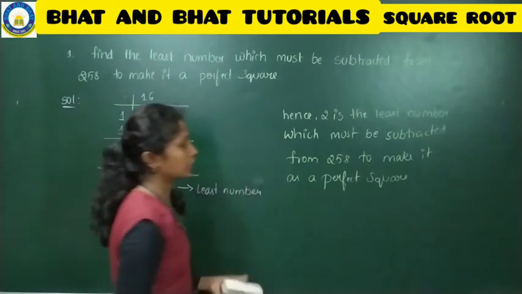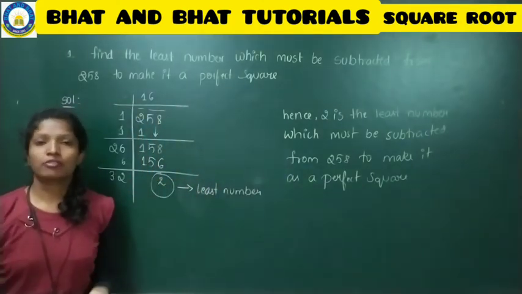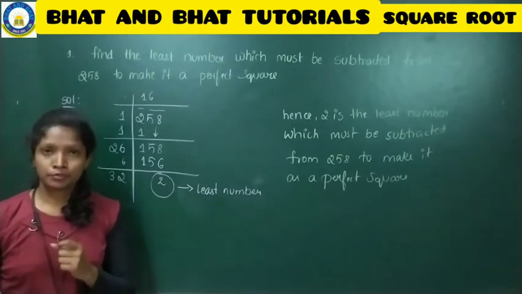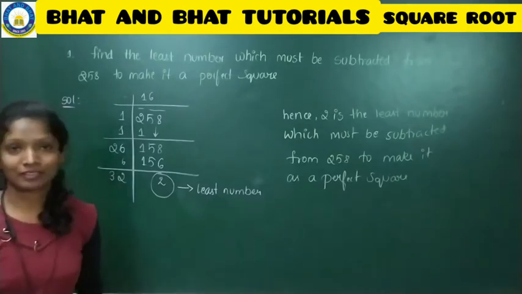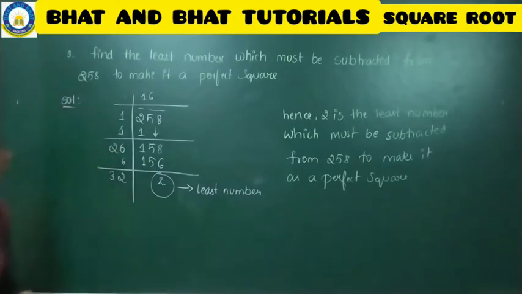So that is, if we do 258 minus 2, we get 256, where 256 is the perfect square number we can call it as. So now you can copy down this. Fine, hope you all copied this.